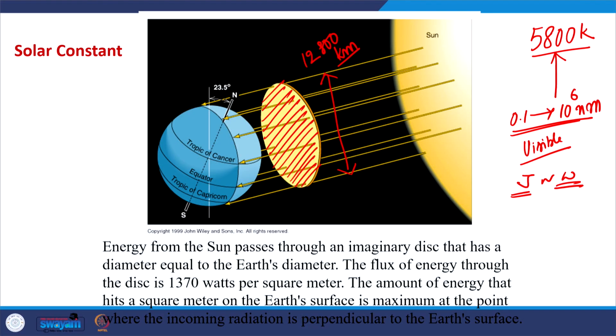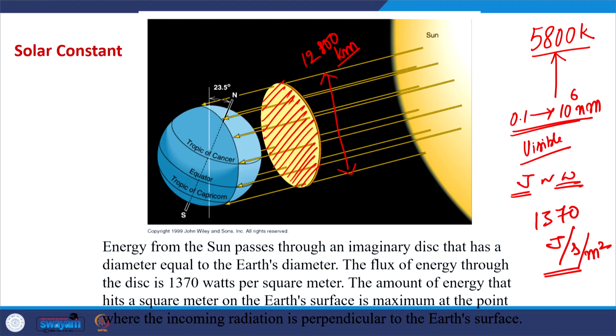You will realize how much energy is actually falling on this disk. So, energy from the sun passes through an imaginary disk. If you do that calculation, you will realize that approximately 1370 joules per second per meter square is the energy that we are receiving from the sun. Okay. Or the power is 1370 watt per meter square.